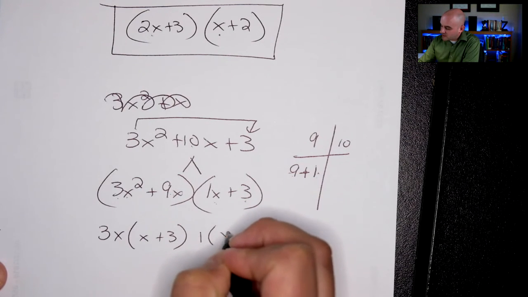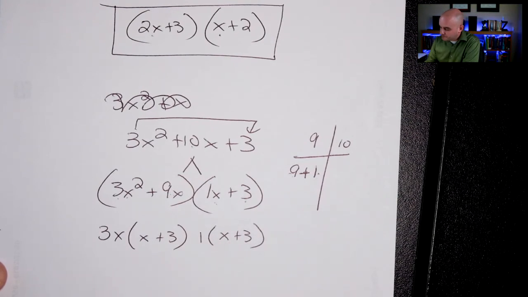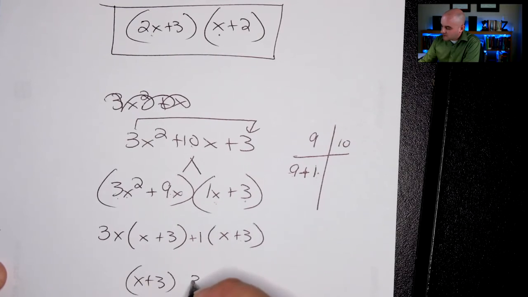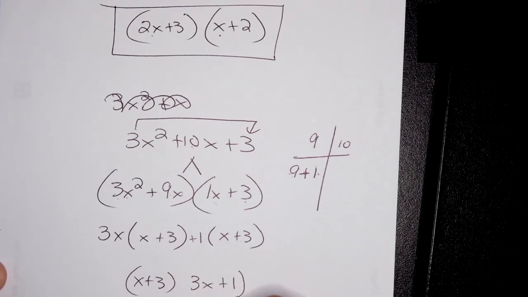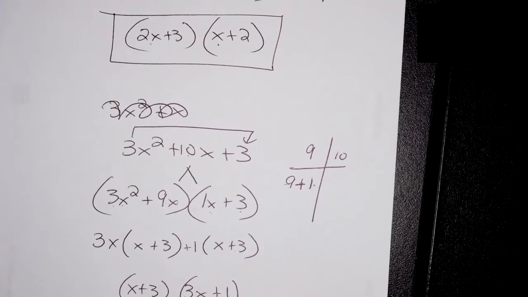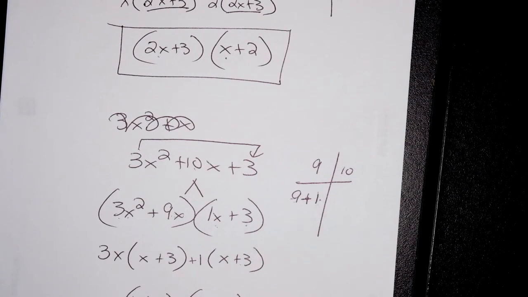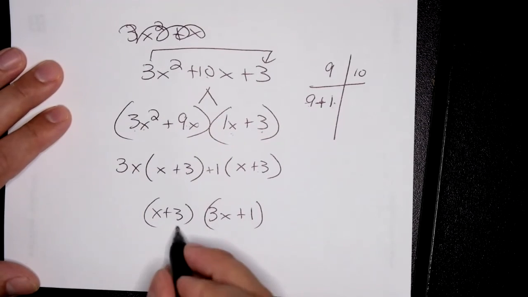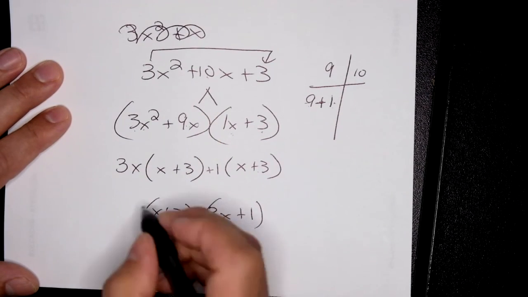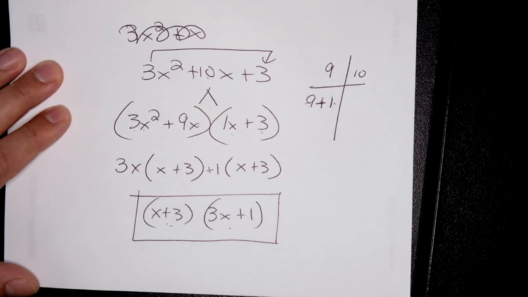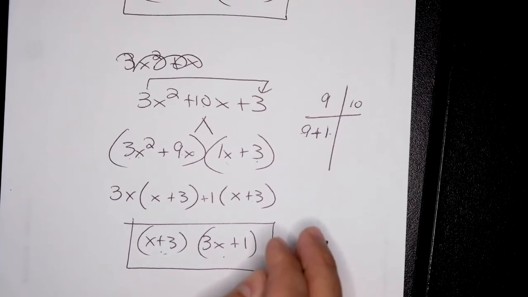Factoring out a 1, I get x plus 3. And now we're going to factor out x plus 3, and that leaves me with 3x plus 1. All right, so that's going to give me x plus 3 times 3x plus 1. We're done with that example.